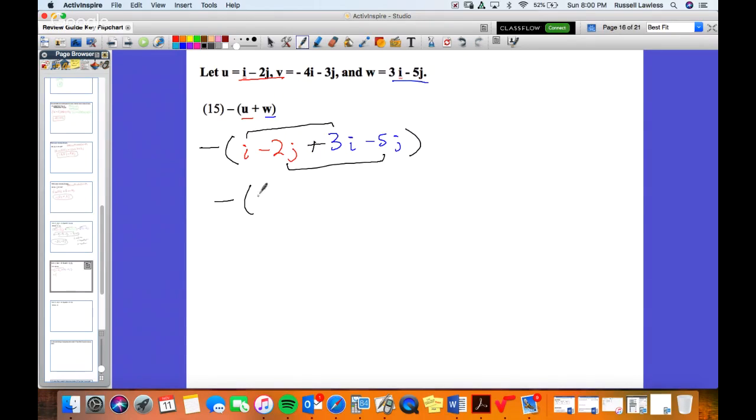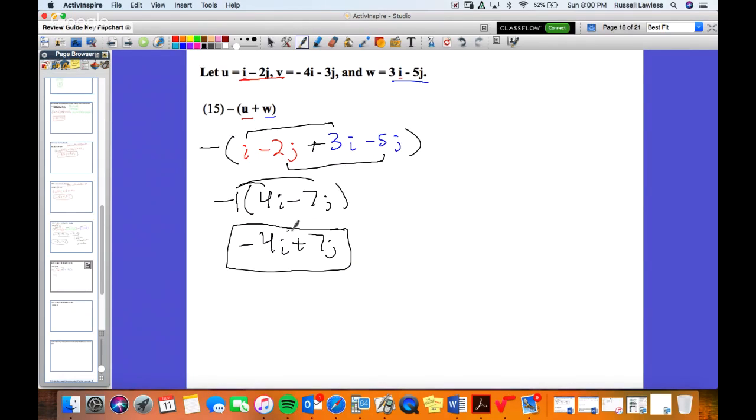So i plus 3i is 4i, and then negative 2j minus 5j is negative 7j. From there, this is essentially a negative 1, which will be distributed to the 4i and the 7j to give us a final answer of negative 4i plus 7j.